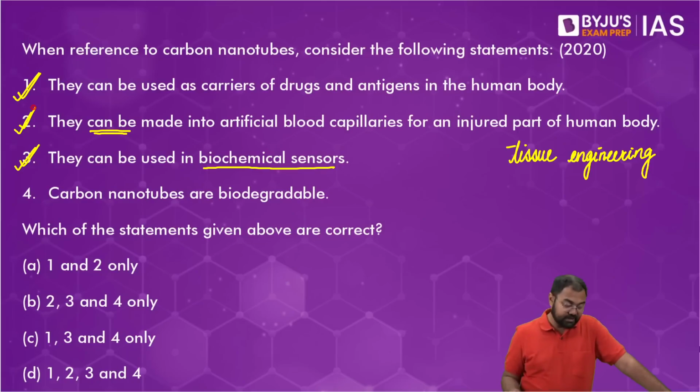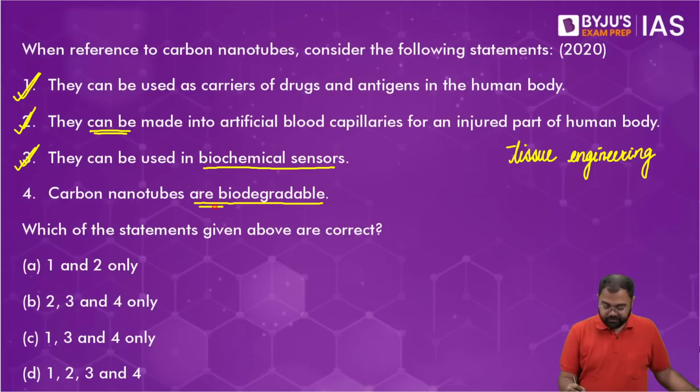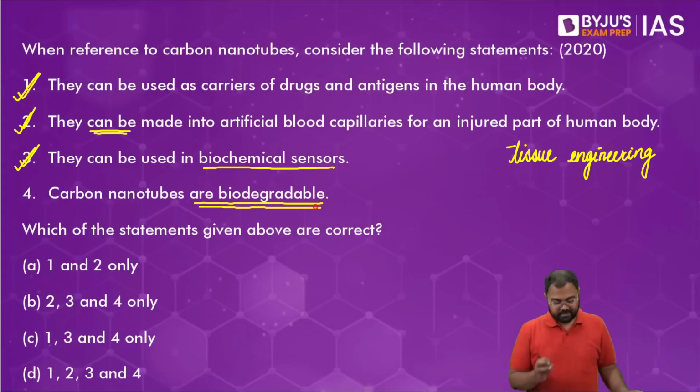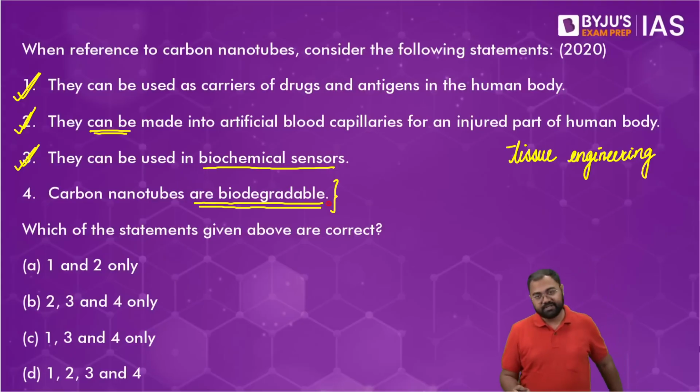Fourth statement says carbon nanotubes are biodegradable. Now this is where I have questions. Carbon nanotubes are very stable molecules. All right, they are extremely stable molecules. We discussed that they are very strong as well.